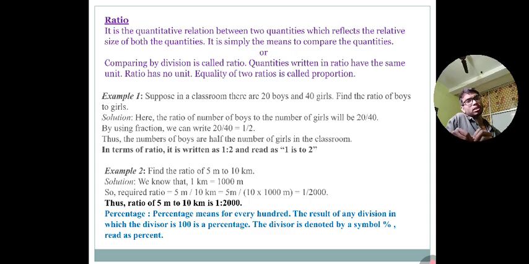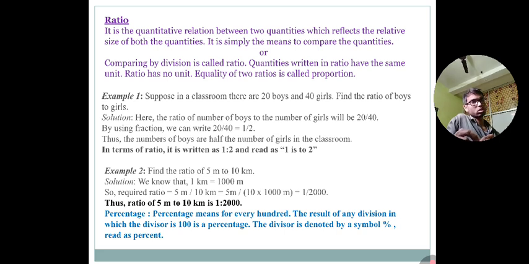Quantities written in a ratio have the same unit. Ratio has no unit. Equality of two ratios is called proportion. If you have 1 upon 3, this is a ratio.